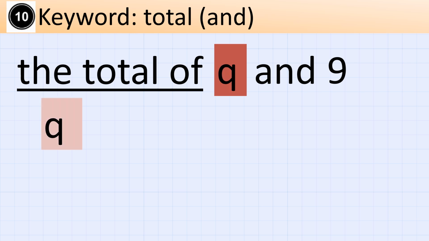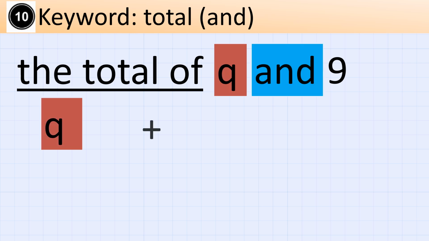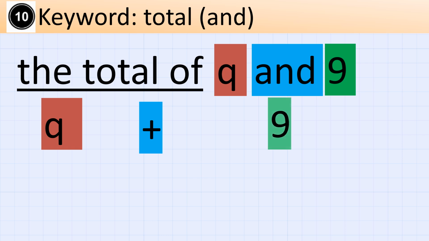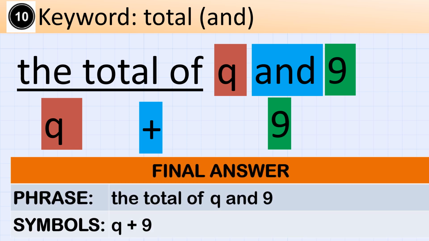We copy Q, and the word and means addition, since we are asked to find the total of these two. And we copy 9. So the total of Q and 9 is translated to Q plus 9. And that is our final answer.